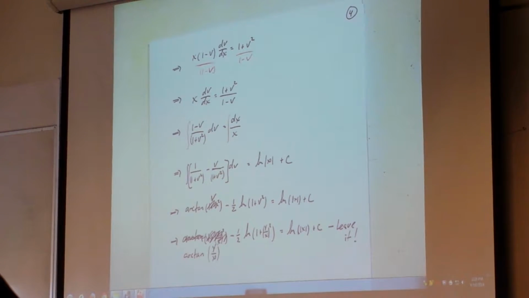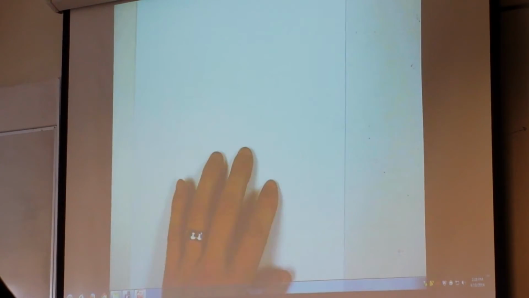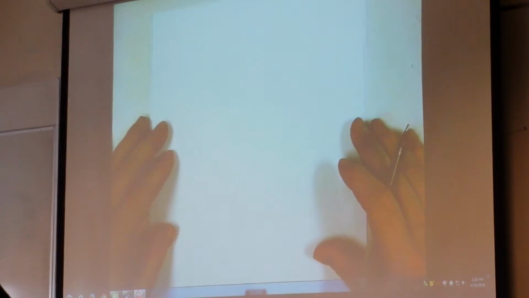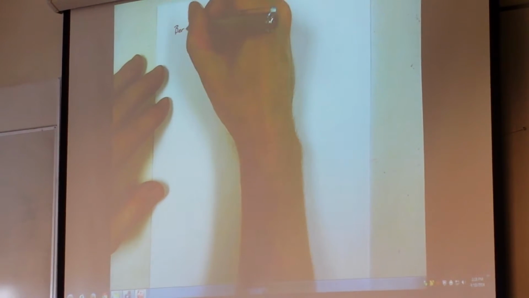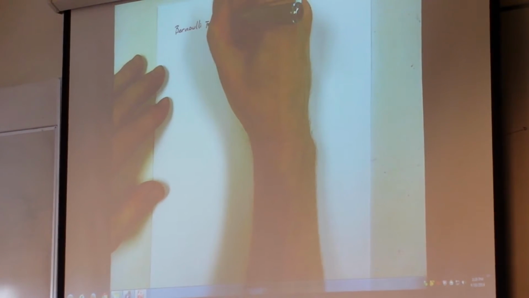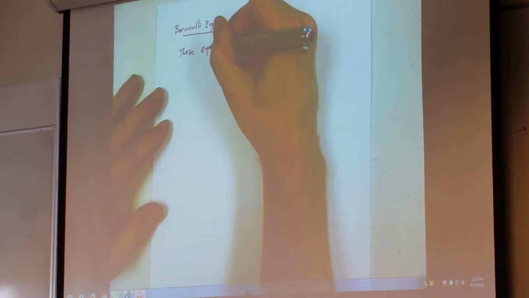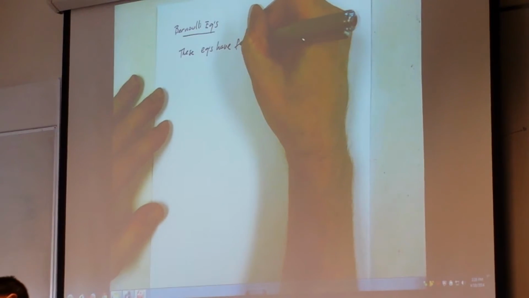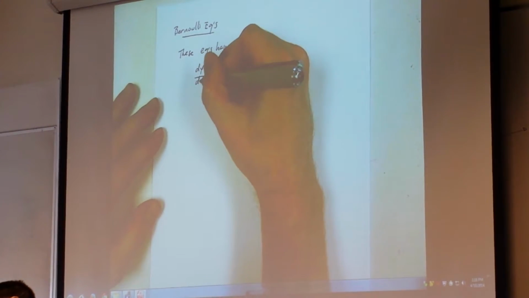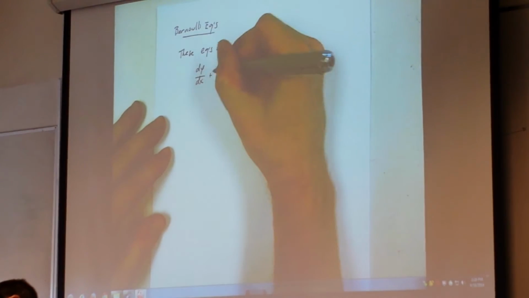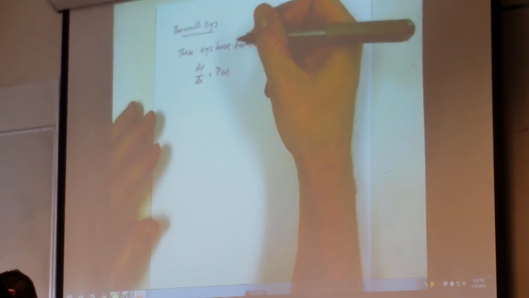Now, Bernoulli is the second part of it. Bernoulli equations have the following form: dy/dx plus... this is the one we wrote down at the beginning.